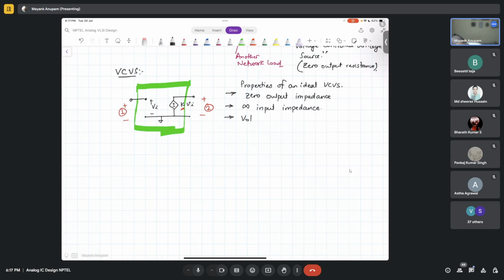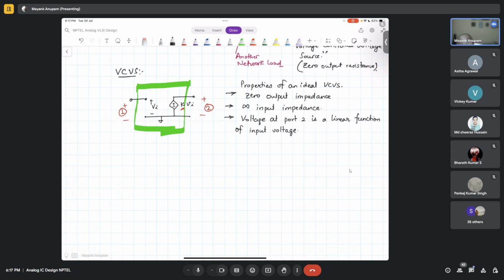So the voltage at port 2 is a linear function. Yes, correct. A function of input voltage. Correct.